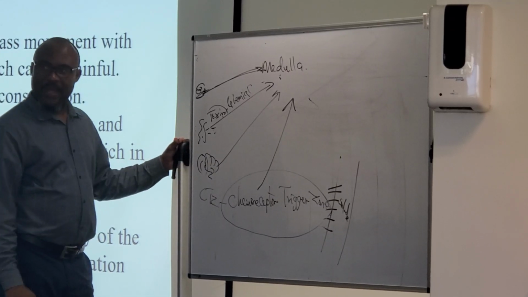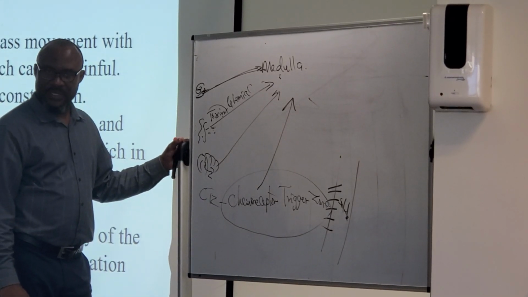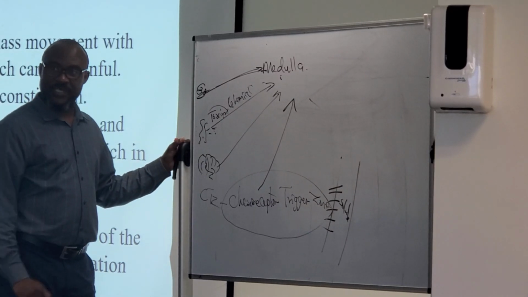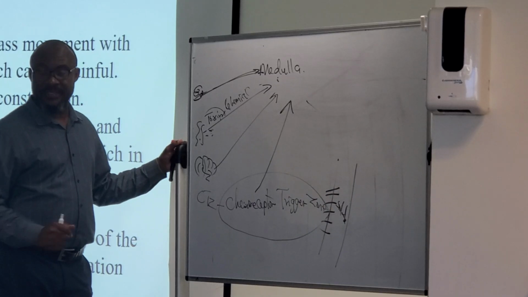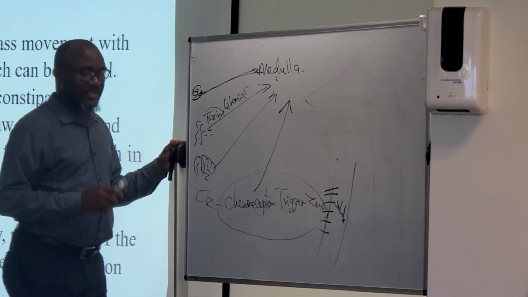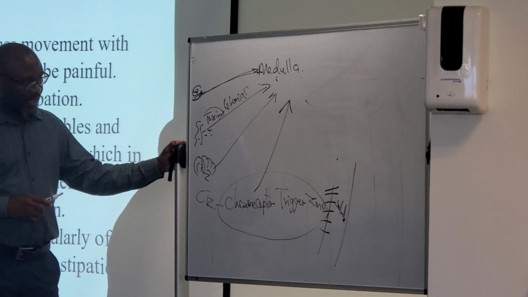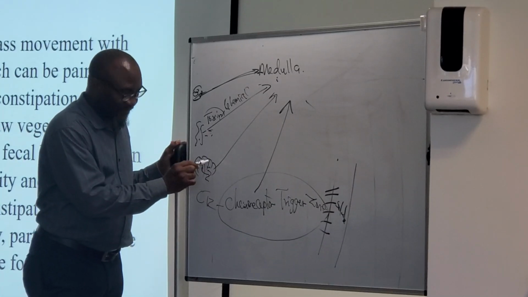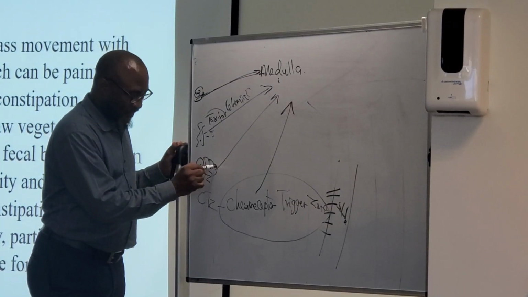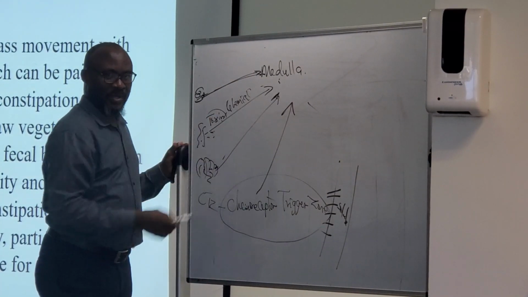Then the vestibular apparatus: its function is to make sure that the animal maintains balance, both of the head and of the eyes, while movement takes place. However, sensory nerves also go from this area to the medulla.